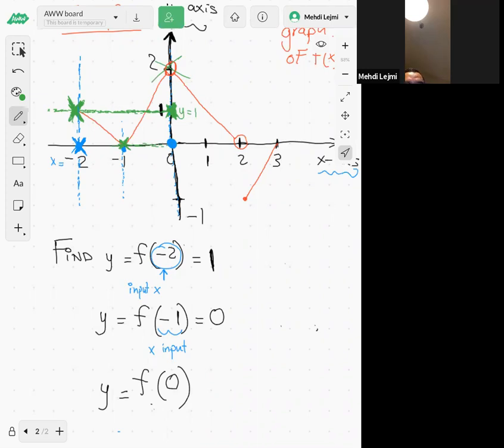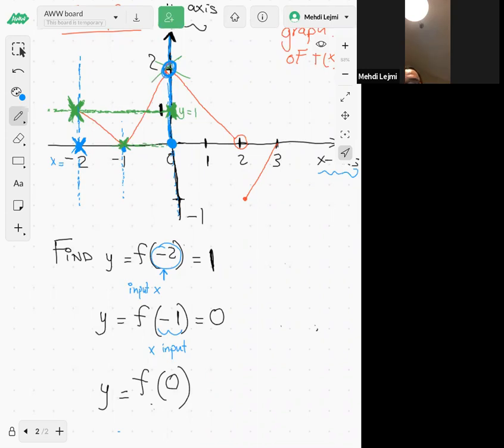So this vertical blue line actually doesn't intersect the graph, because that point is an empty circle, so it's not included in the graph. Whenever we have an empty circle, it's not included.